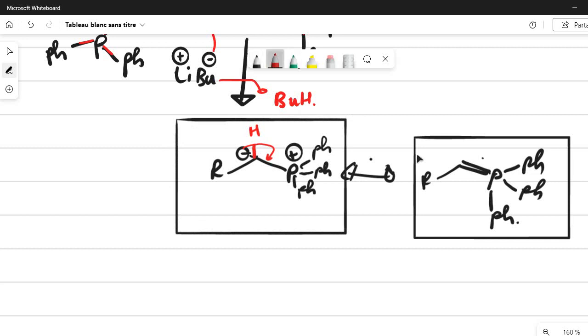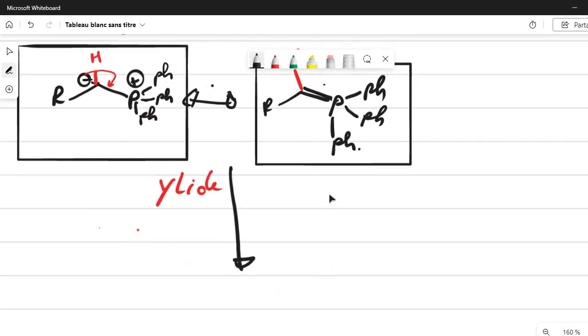These two are called phosphorus ylide, or the Wittig reagent. One of these we are going to react with the ketone. Let me write it here. Using a ketone, let me write R1, R2. In my case, I can use this form.